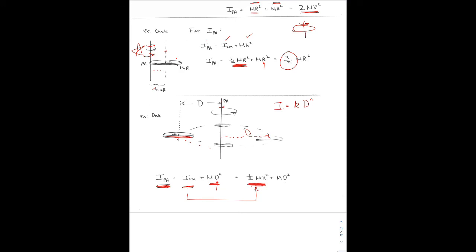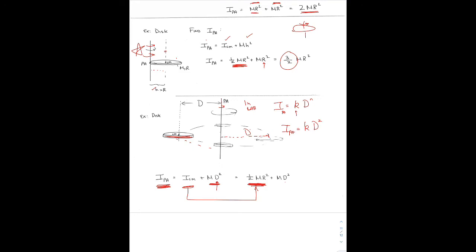All right. So we're going to see in lab that the moment of inertia about that parallel axis goes as some constant times this distance d to the n. We'll find that exponent, and we'll see that the exponent is 2.